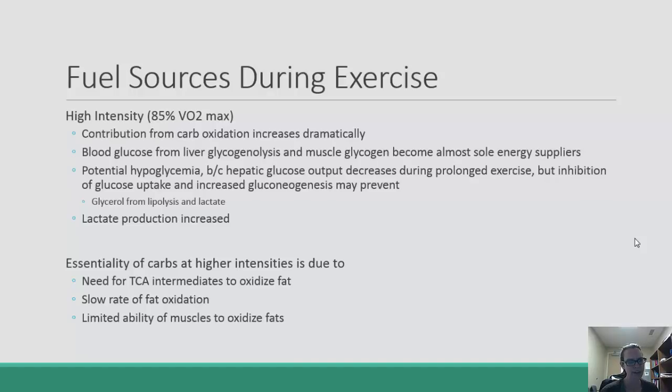We also know that the rate of oxidation of fat is slower than the rate of oxidation of carbs. So with high intensity exercise, we need to be oxidizing a lot faster, so we're going to rely more on our carbohydrates. Also, we have limited ability of the muscle to oxidize fats. It's able to keep up at lower intensity, but can't keep up at higher intensity.